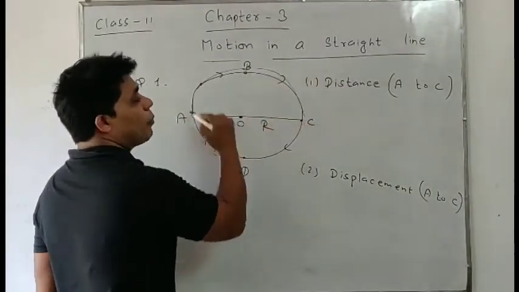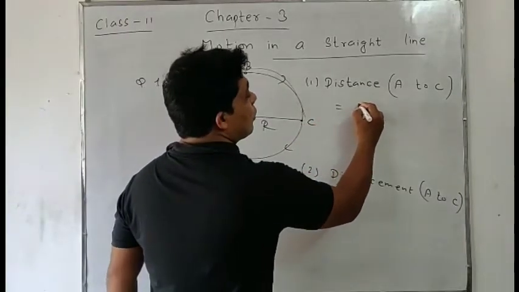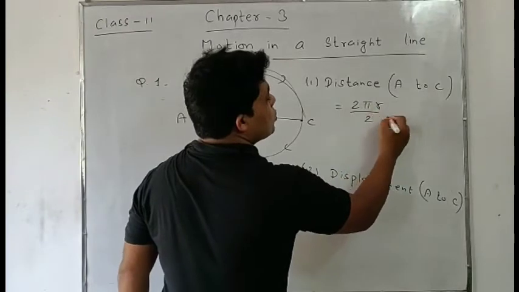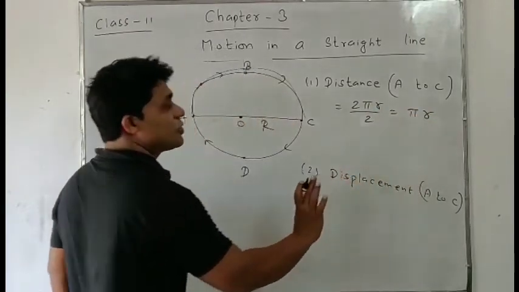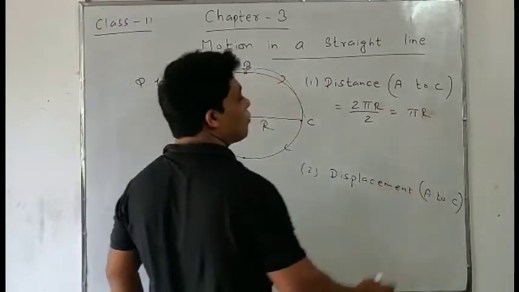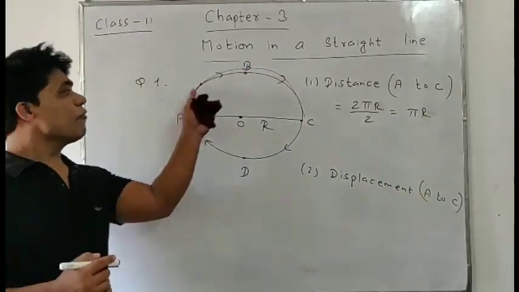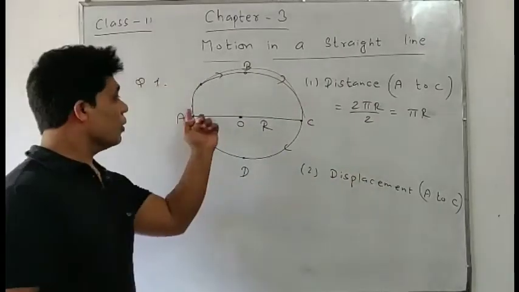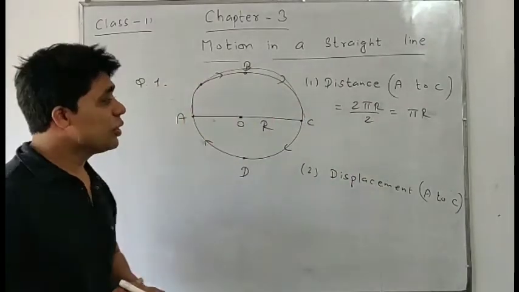So the total path from A to C is half the circumference. 2 pi r by 2 means pi r. This is the distance.